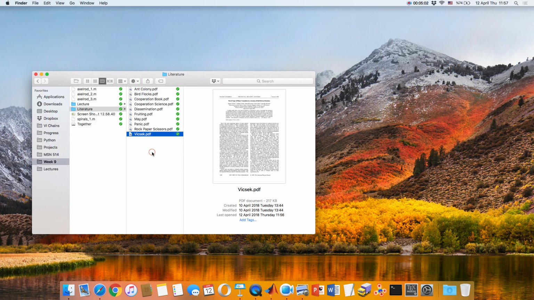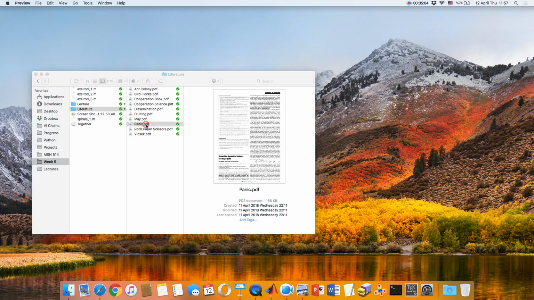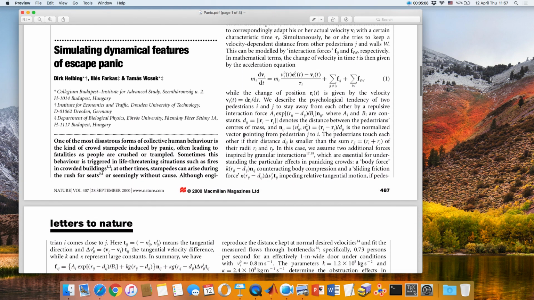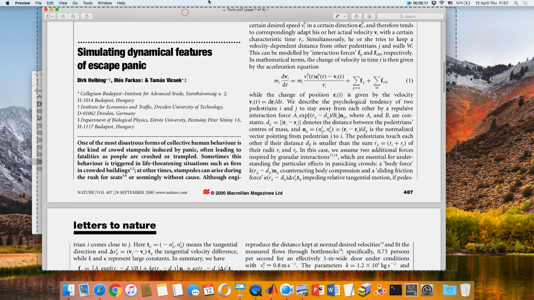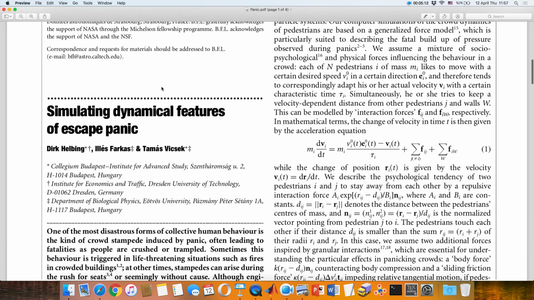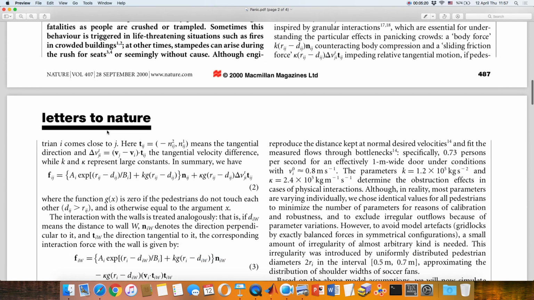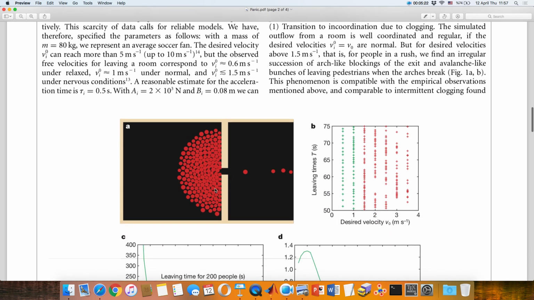Okay, what else? For example, with this kind of approach, you can simulate dynamical features of escape panic. What happens when people panically escape from somewhere like this?